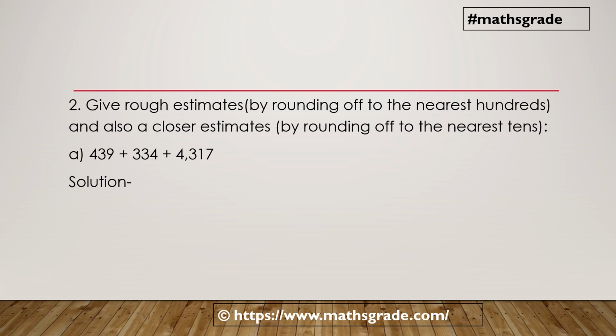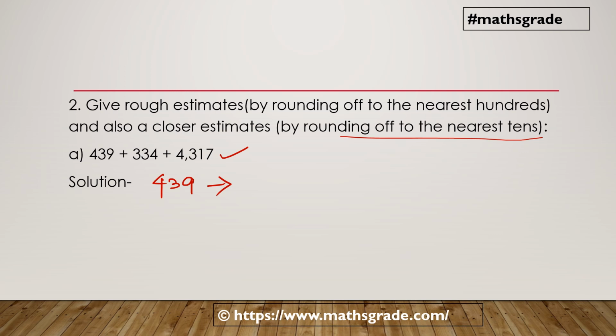Now round off for the closer estimate. Now give rough estimate of a closer estimate by rounding off to the nearest tens. 439 plus 334 plus 4317. We round off to the nearest 10 of this number, 439.